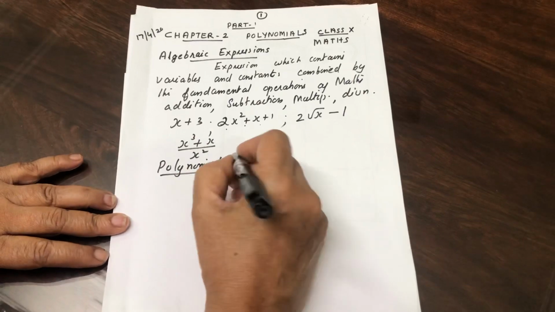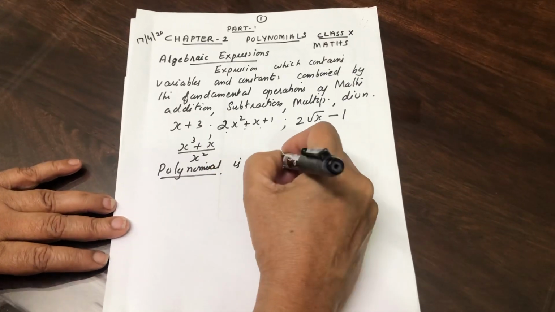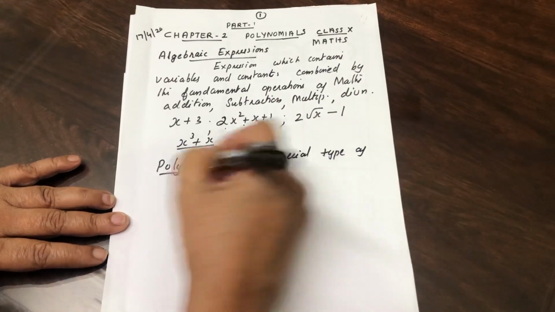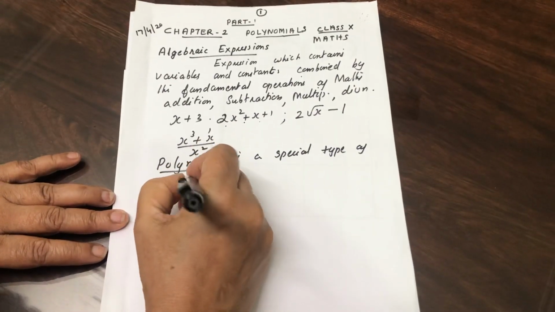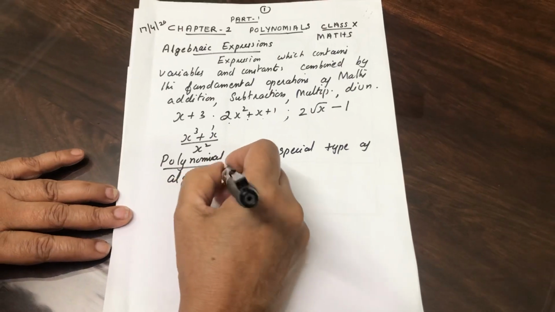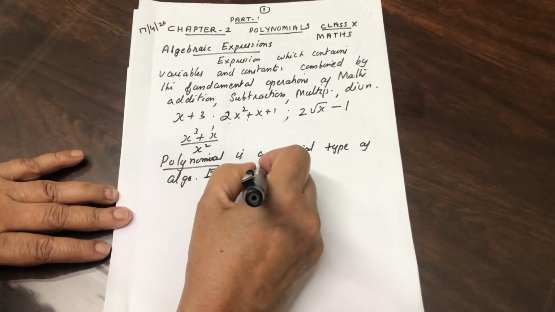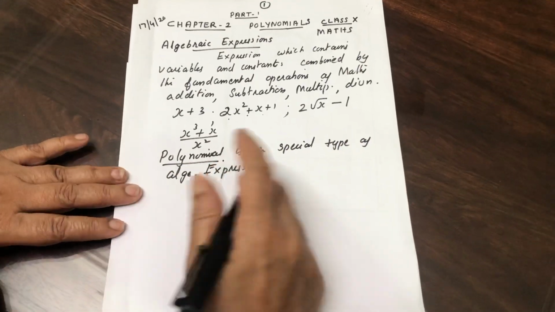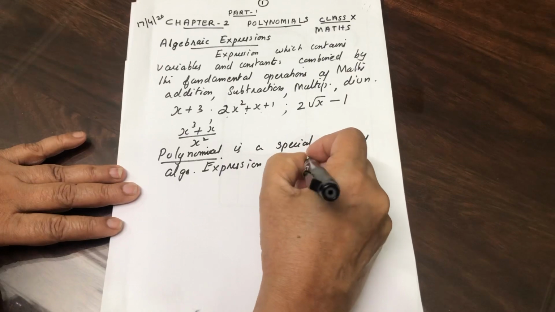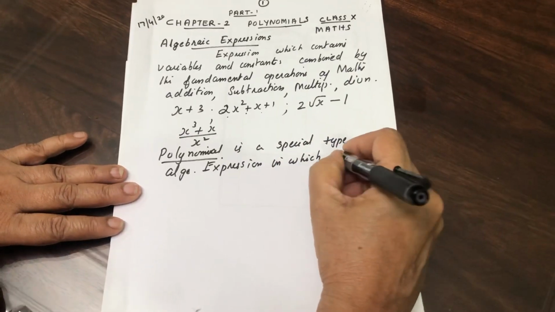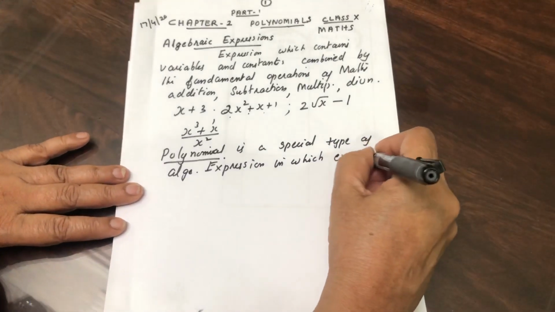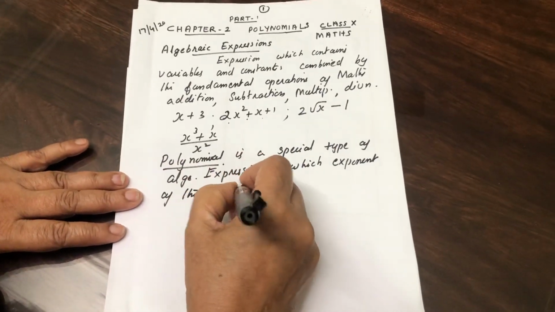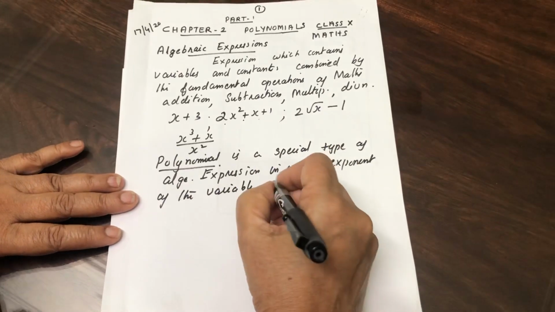You can say polynomial is a special type of algebraic expression. What is the speciality? A polynomial is a special type of algebraic expression in which the exponent of the variable should be a non-negative integer.